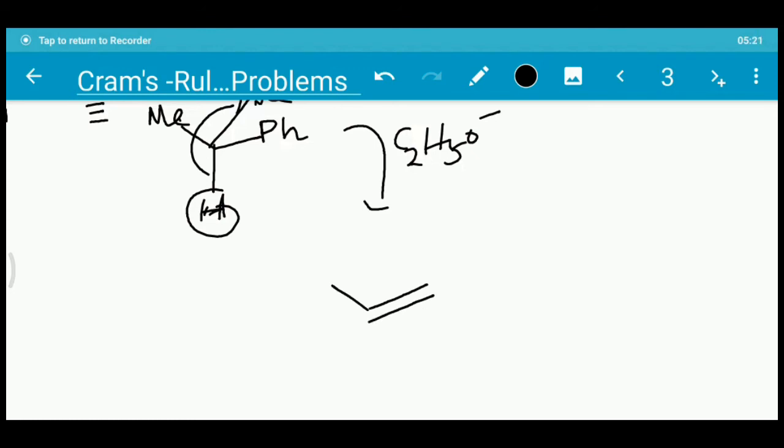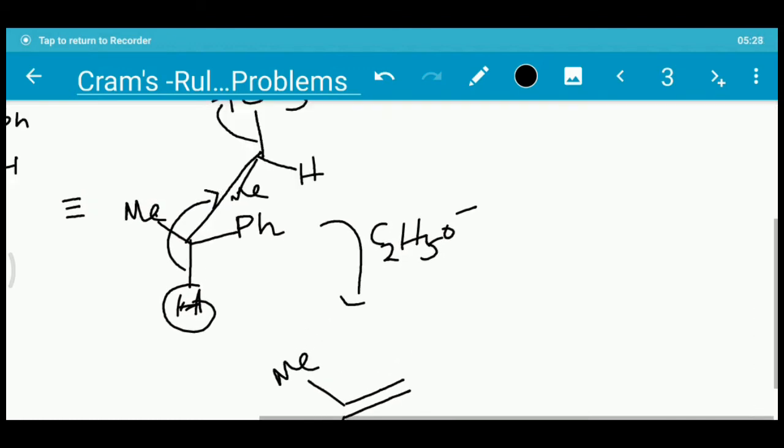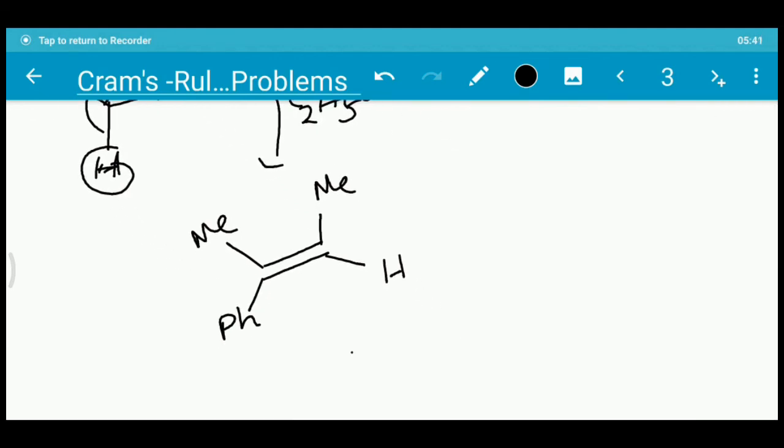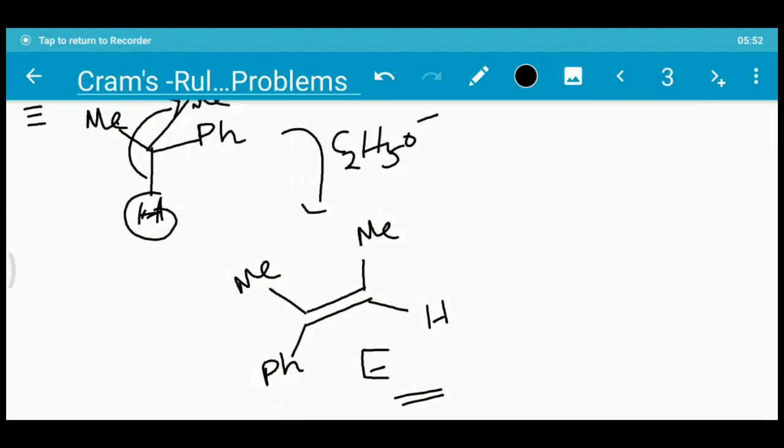If that happens, I will end up with a product where I have my phenyl group and my methyl group, and if you closely look, you can see you have your methyl group and your hydrogen. Now, what is the stereochemistry of this product? The stereochemistry of this product is E. So this is an E isomer.